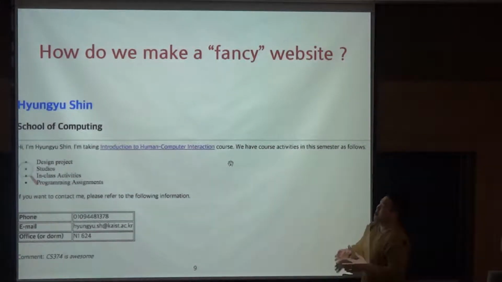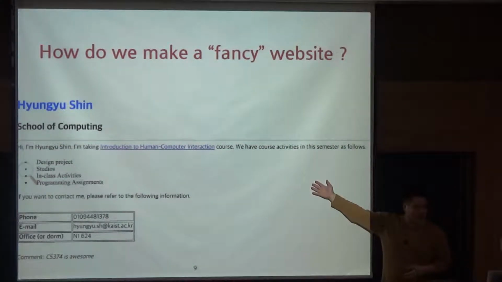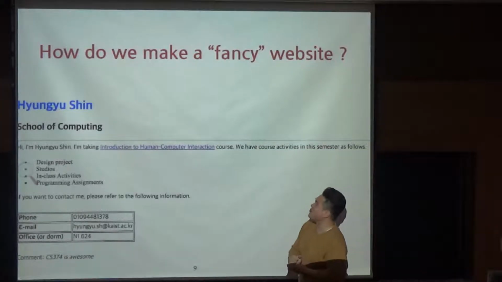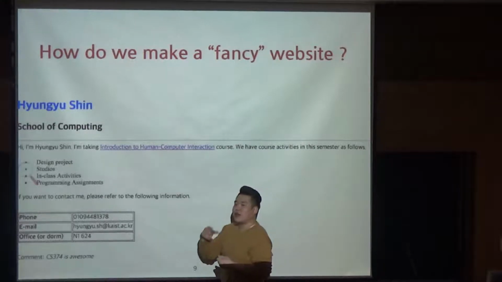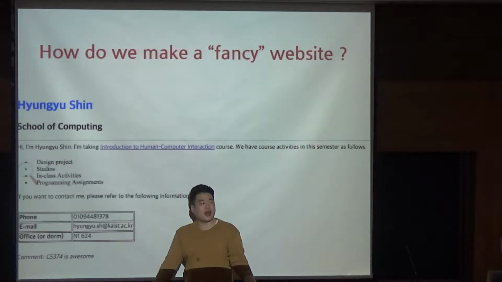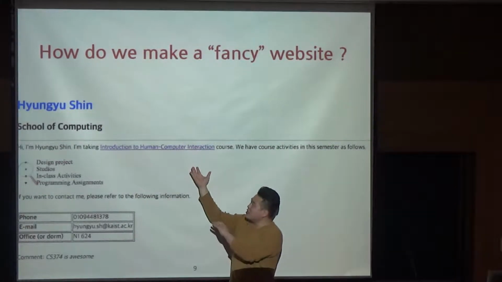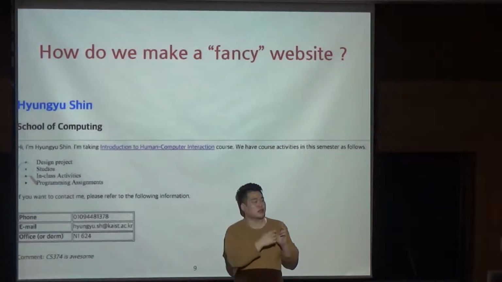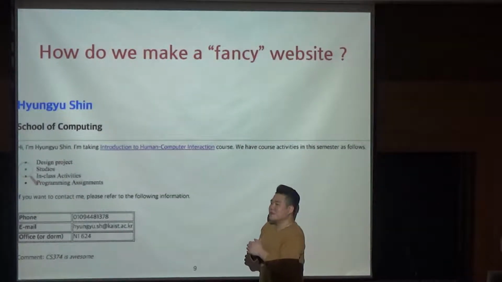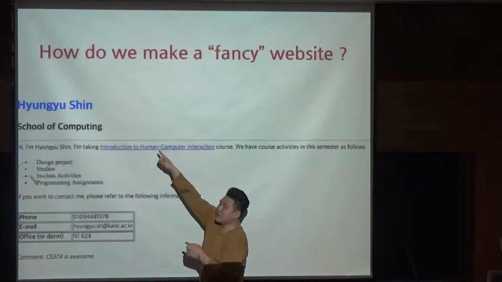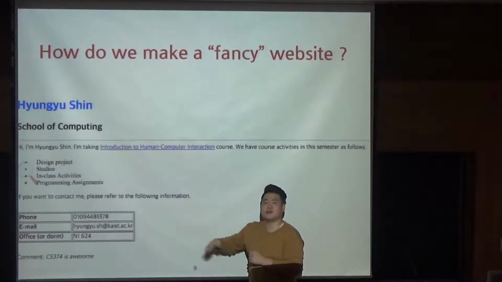All right, so let's talk about it. How do we make a fancy website? This is something really fancy, right? So what are some special things? Let's say if I typed hello world, it just shows a text, but this looks something different, right? It also contains some text, but it also contains some other things. What are the things? Colors. We have colors, they're blue. Font. Table, we have table.